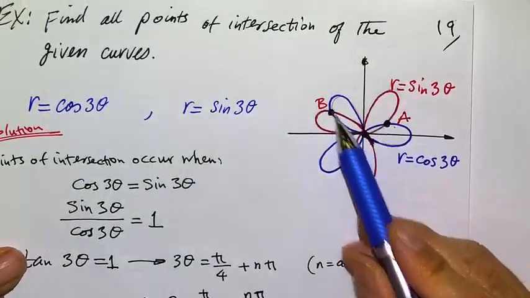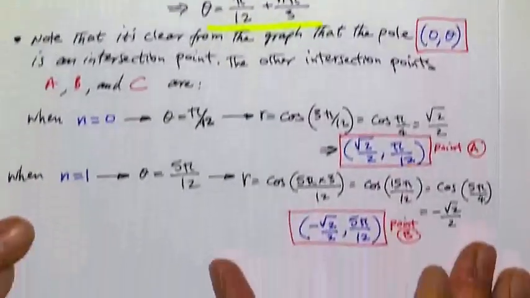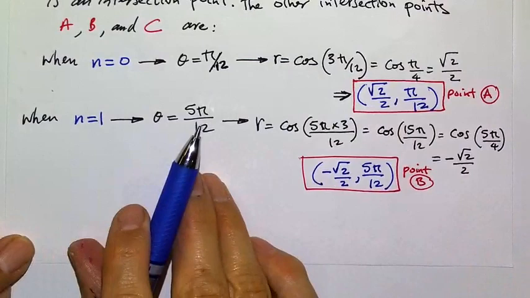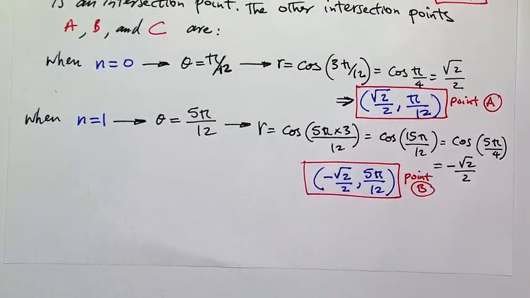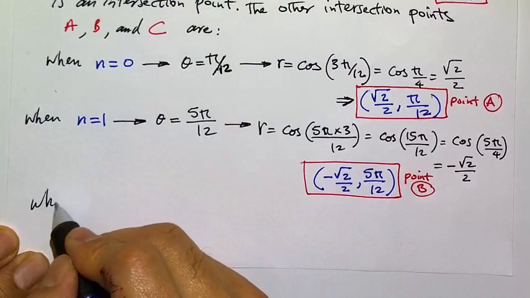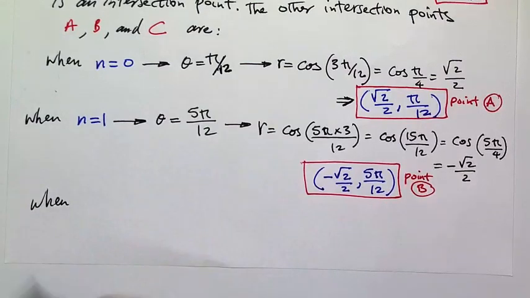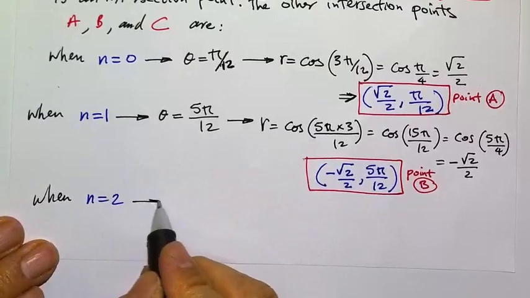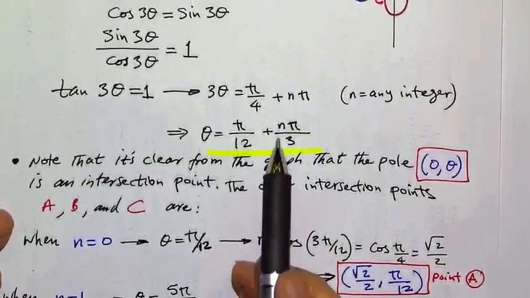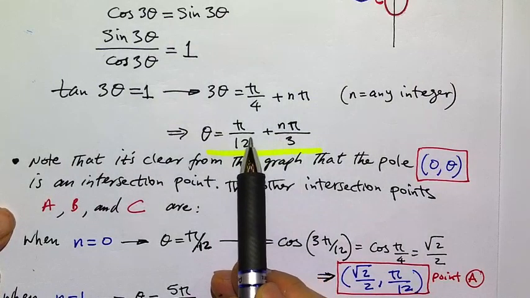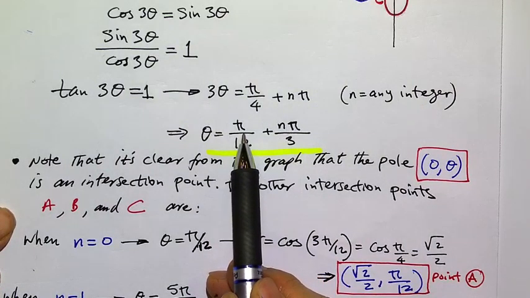Okay, so one more, coordinates of point C, right? We've got this, this, and now this. All right, so that will happen when n equals 2. Right, like that. So what happens when n equals 2? We get 2 pi over 3 here, and then plus pi over 12.